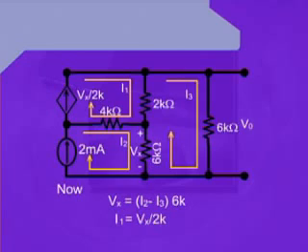Therefore, we have to consider the difference of the two currents. Hence, we have written Vx is equal to I2 minus I3 into 6K.